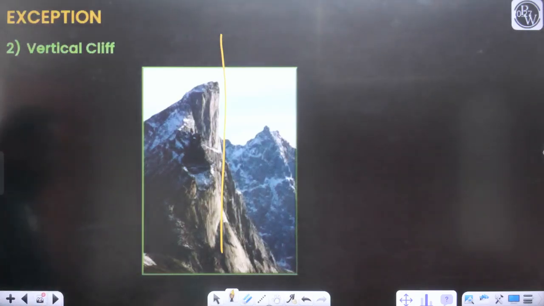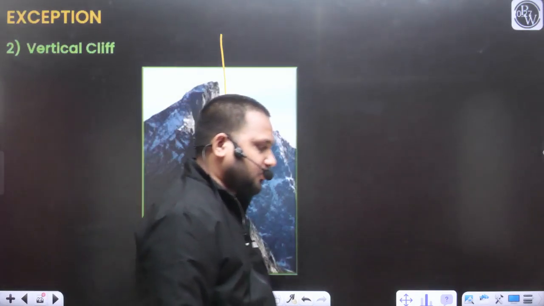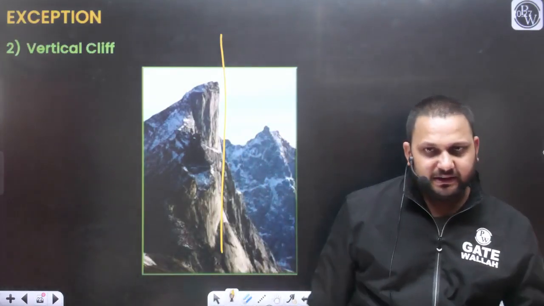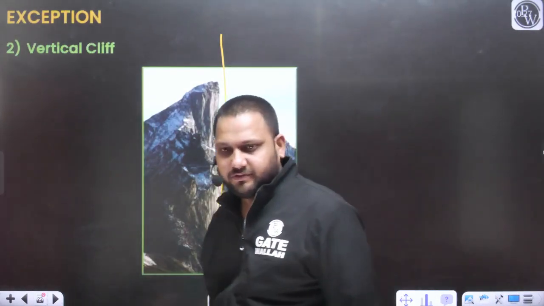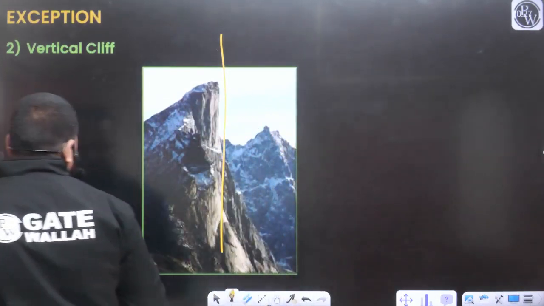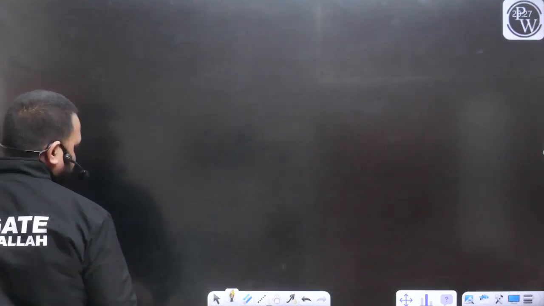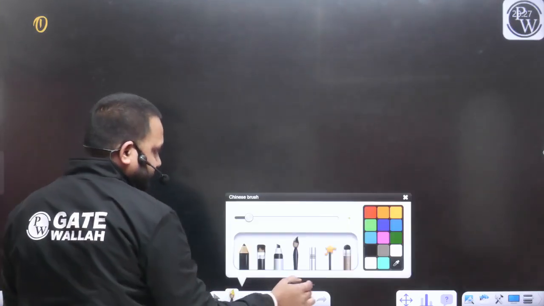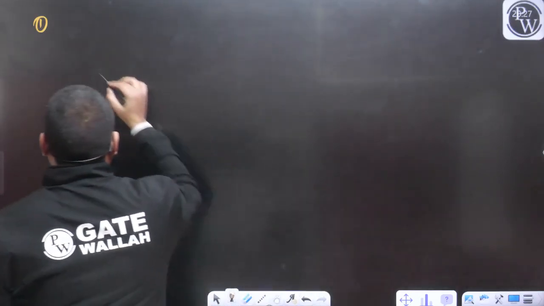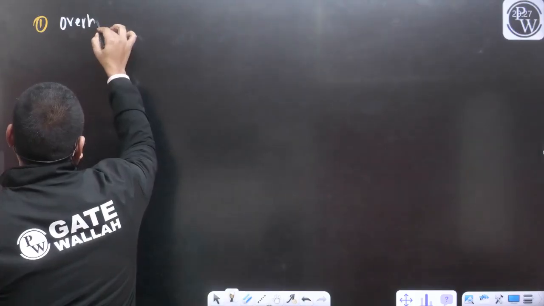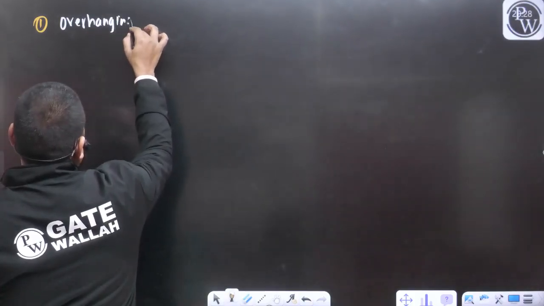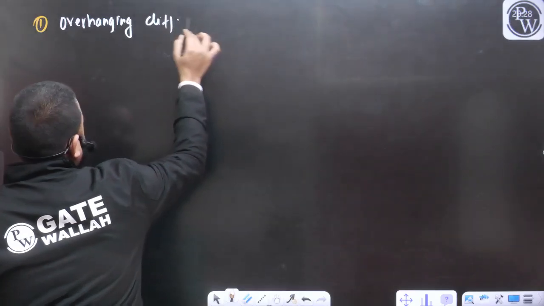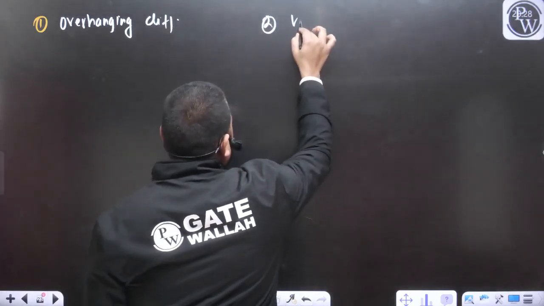Now we will see what will happen in the case of the overhanging cliff and in the case of the vertical cliff. We will draw the contours, don't worry. First I am talking about the overhanging cliff, and second I am talking about the vertical cliff.